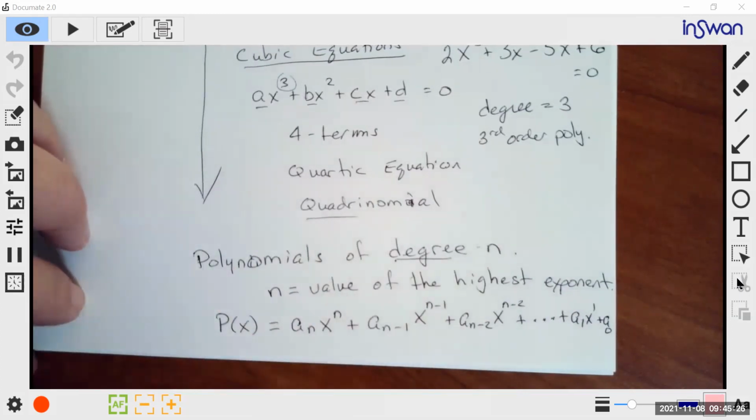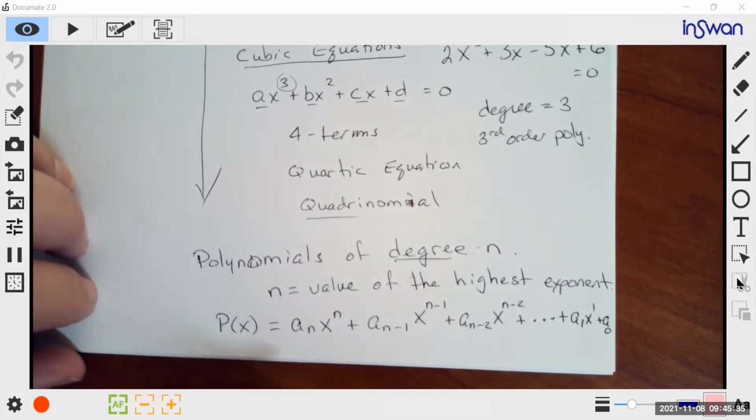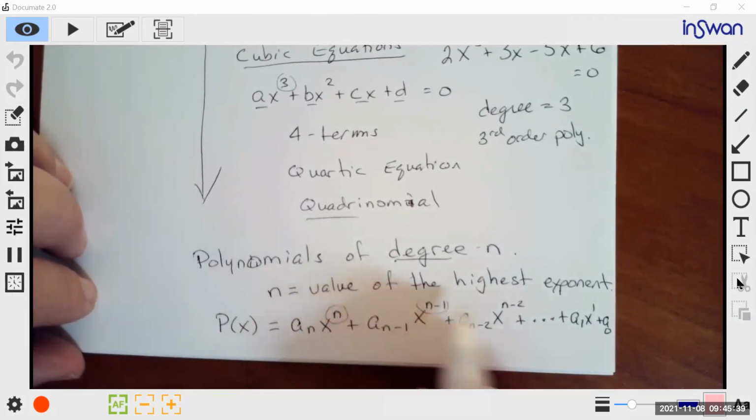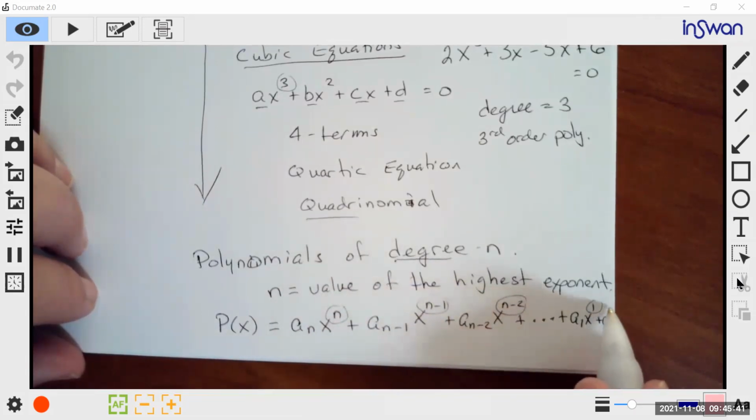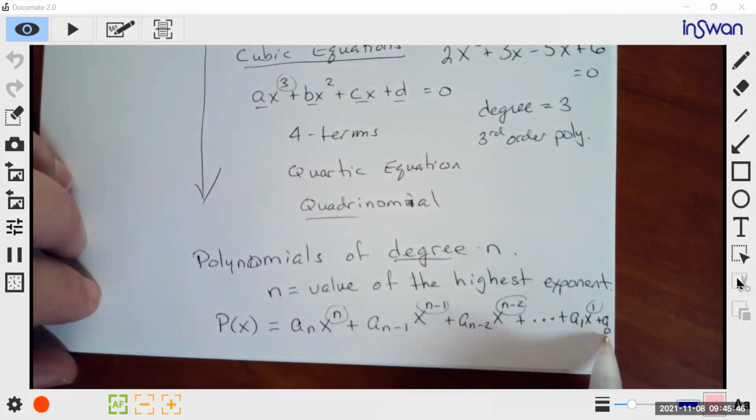I should have pushed it to the left. Whenever you're solving these, always make sure notice the exponents, they're always in decreasing order. a sub 0 is the constant number.